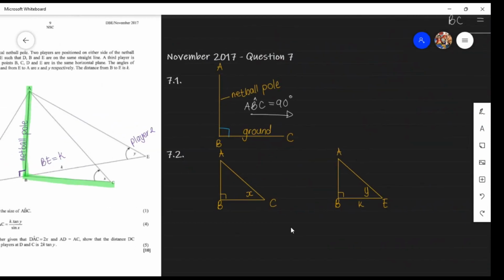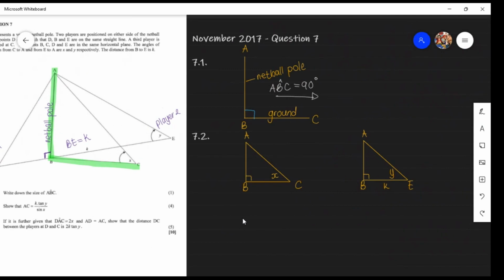Those are our triangles: ABC, which has an angle of inclination X at point C, and ABE, which has length BE as K and an angle of inclination at point E of Y. Now, let us look at our question.